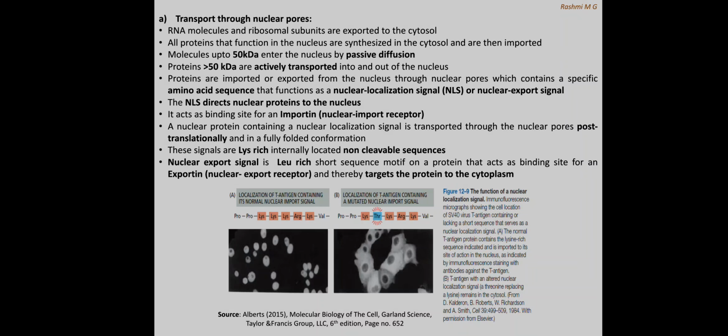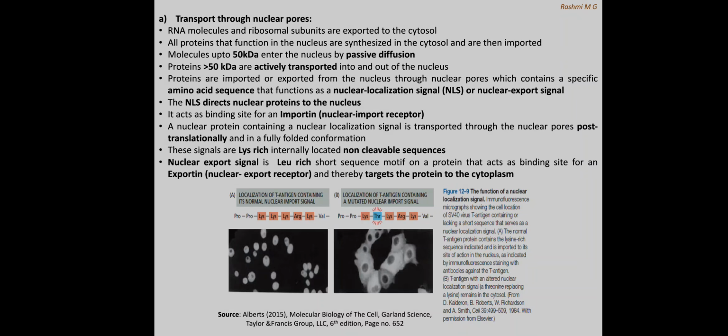If the protein should be transported outside to the cytosol, then the protein has the nuclear export signal, which binds to a particular receptor known as the nuclear export receptor, through which the protein is transported outside the nucleus, that is to the cytosol.